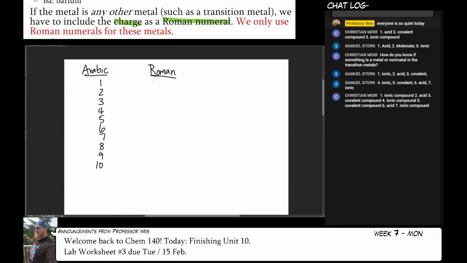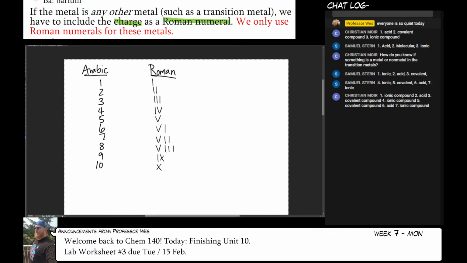I'm just going to number them like this. So 1 is just I, and then 2 is II. 3 is III. And then 4 is IV. 5 is V. 6 is VI. 7 is VII. 8 is VIII. And then we have IX for 9, and then X for 10. And then it keeps going.